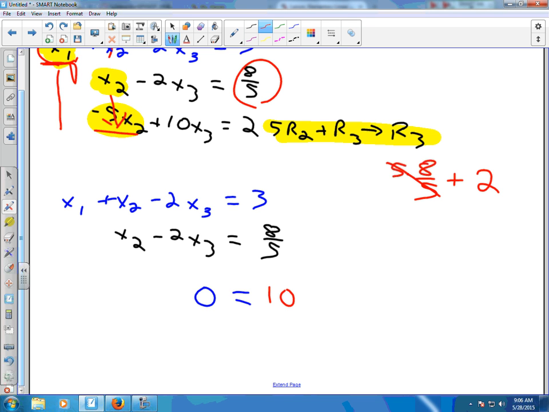And anytime we come up with a statement like that bottom one, that's not possible. So in solving a system, if we come up with a false statement as one of our equations, that tells us there's no solution. There's not a single point that works for all 3 of those equations.